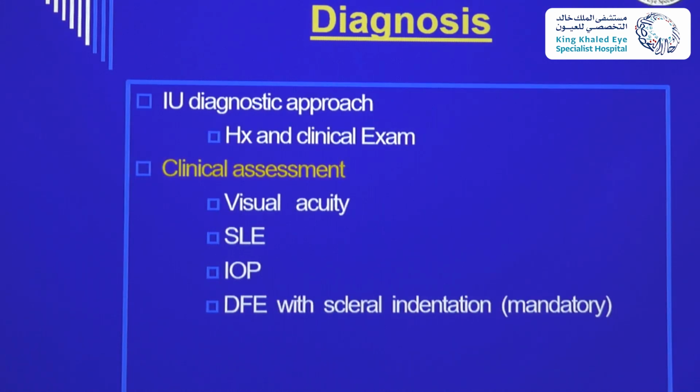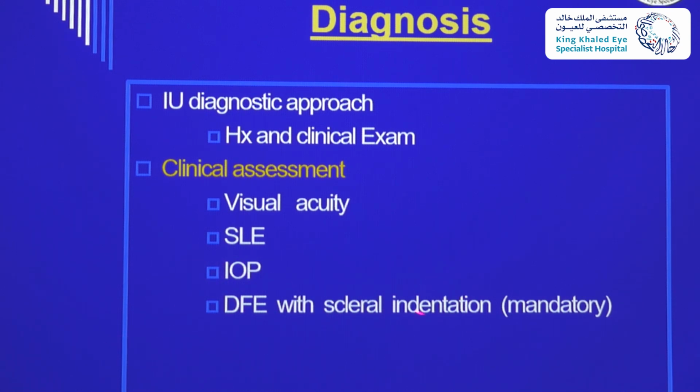How can you diagnose intermediate uveitis? It's a clinical diagnosis supported by multimodal imaging and fluorescein angiography, and sometimes we need to do endoscopy. Clinical assessment should include visual acuity, slit lamp examination, intraocular pressure, and dilated fundus exam.